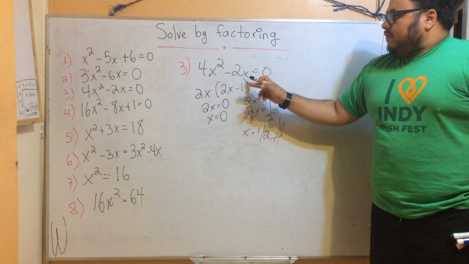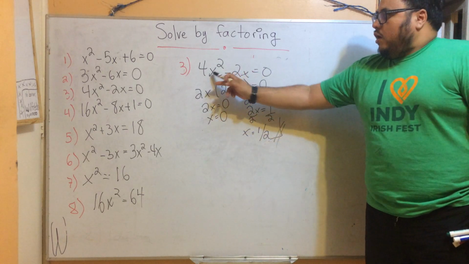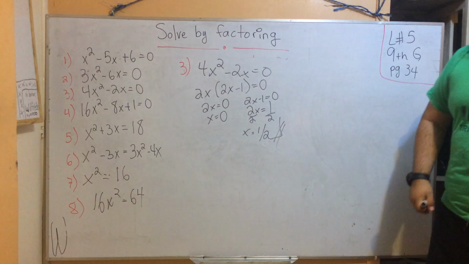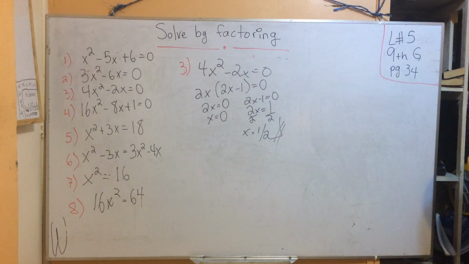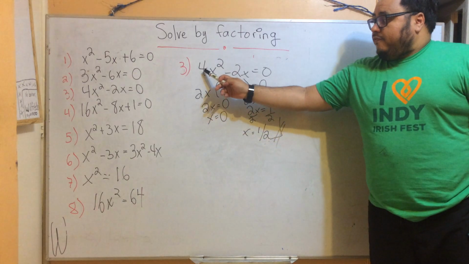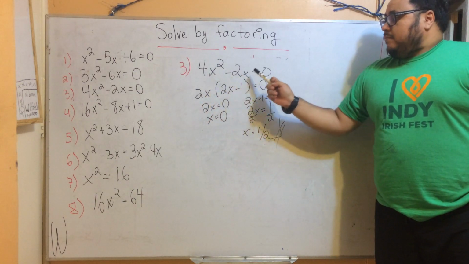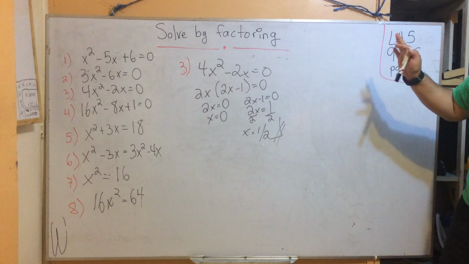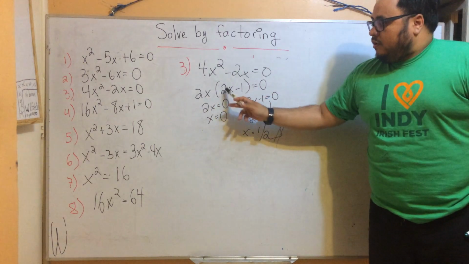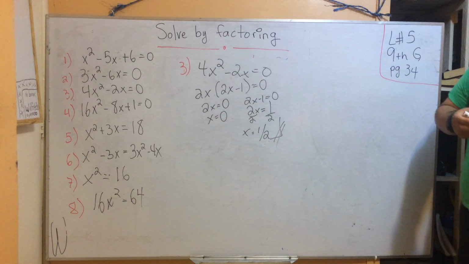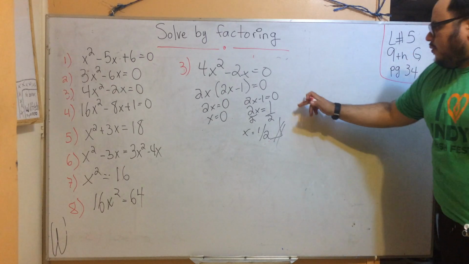And 2 times 1/2 is 1. So 1 minus 1, 0. Okay, so that's how we know that our answer is correct. Remember, here we have the term for A, the term for B, but we don't have C. We don't need to worry about it because we can work with the ones that we have. Let's do number 4.